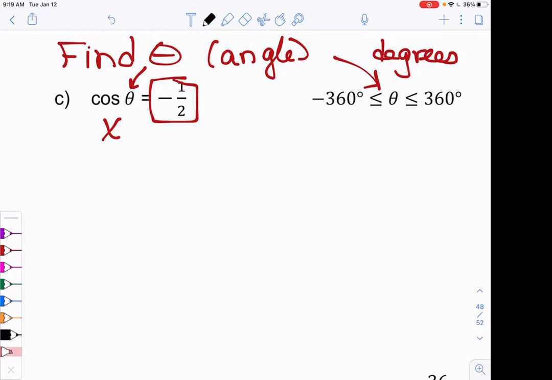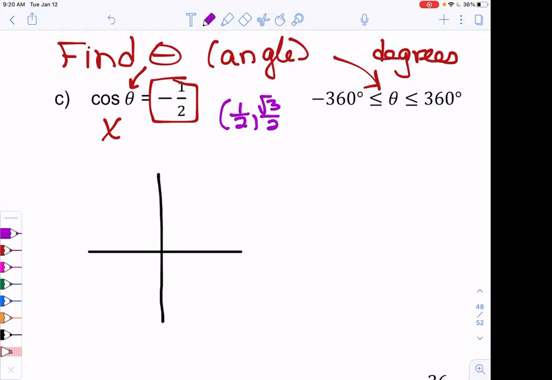So like we did yesterday, we're going to first think about that 1/2. Cole said it was x. If x is 1/2, what's its matching y value to create an ordered pair that would be on the unit circle? Peter?